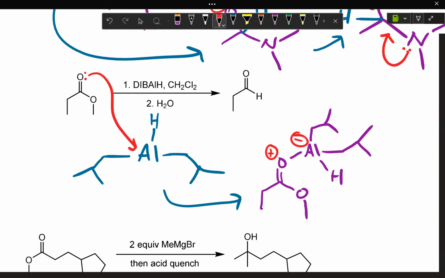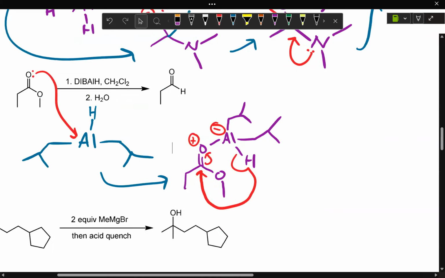So now that we have the Dibal attached, we can have the hydrogen attack. And then that puts that hydrogen on our carbonyl, and then we can get rid of that double bond to get rid of this positive charge on the oxygen.